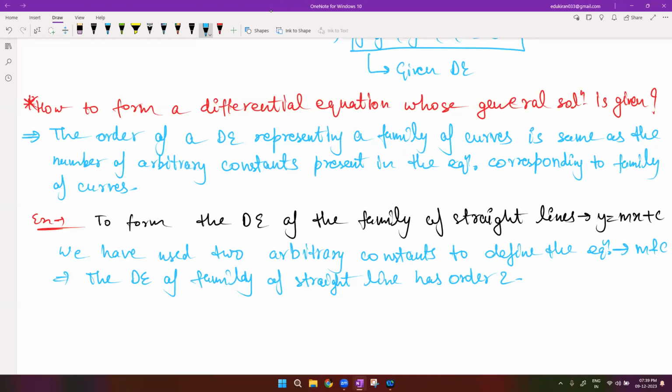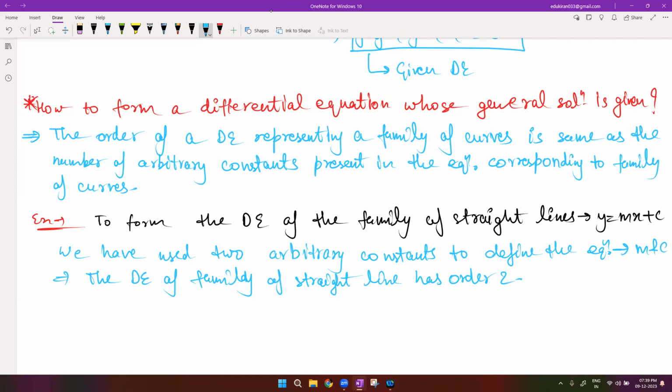This is definite. Why? Because we have to use two arbitrary constants to define the equation of a straight line. Without m or without c, we can't define this equation. That is why we can say that the differential equation of this straight line will have order 2.